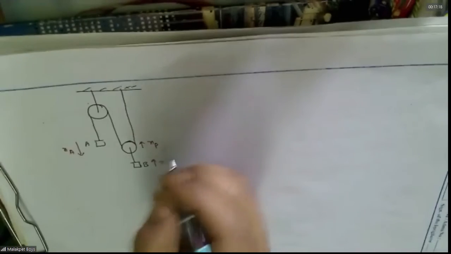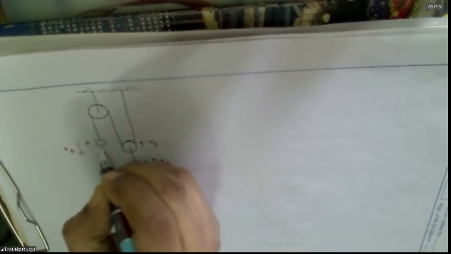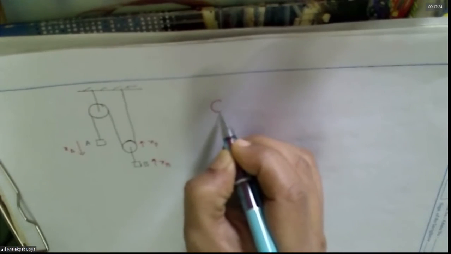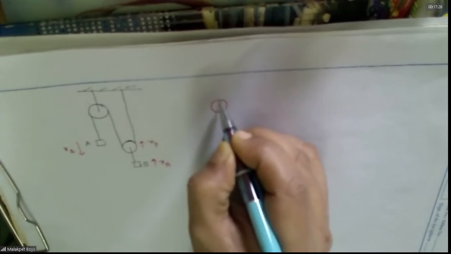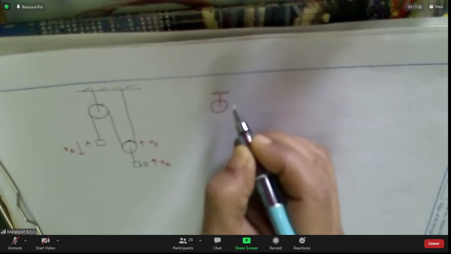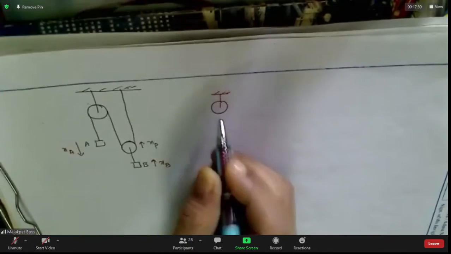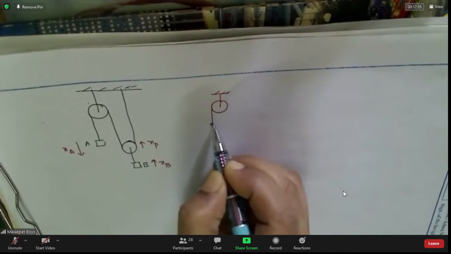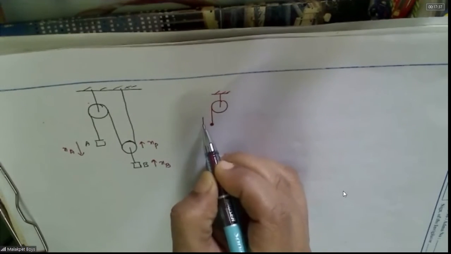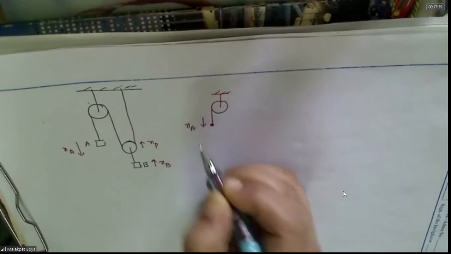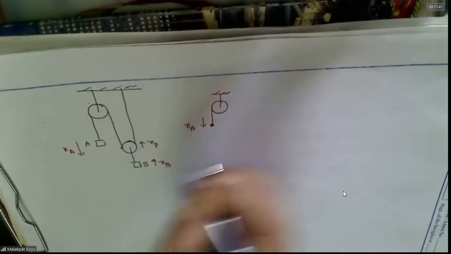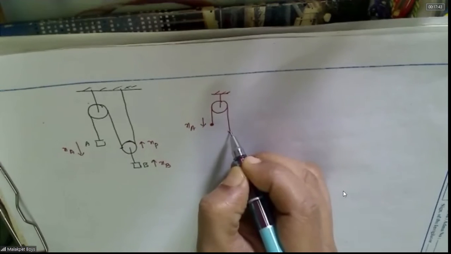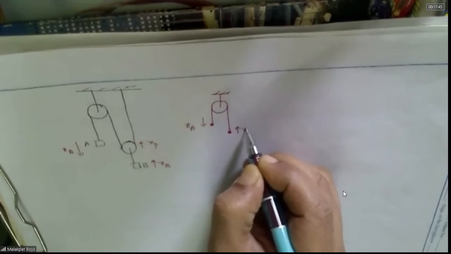See here, when this moves up like this, consider this pulley. We show that pulley separately. Actually, if you have little bit of hands-on experience, you need not draw separately. Directly you can tell. But here, because you're a beginner, let us draw this separately. XA. This is the other part, no? XP.